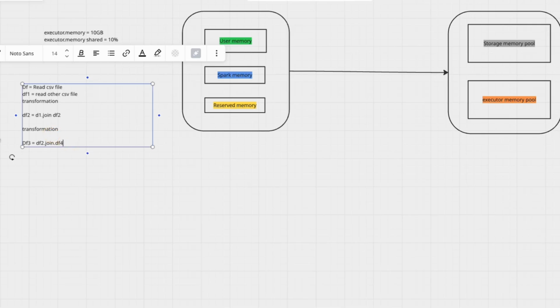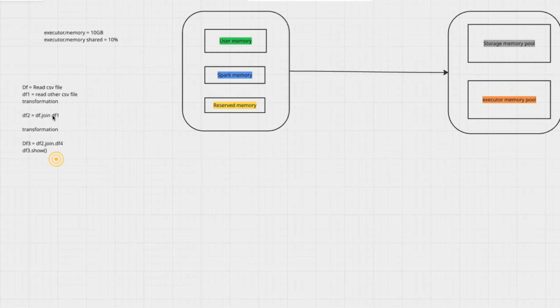Now, if I do an action on df3, Spark will first recalculate df2. In df2 it will see df1 and df, so it will calculate df1 and df2, which means it will recreate them.